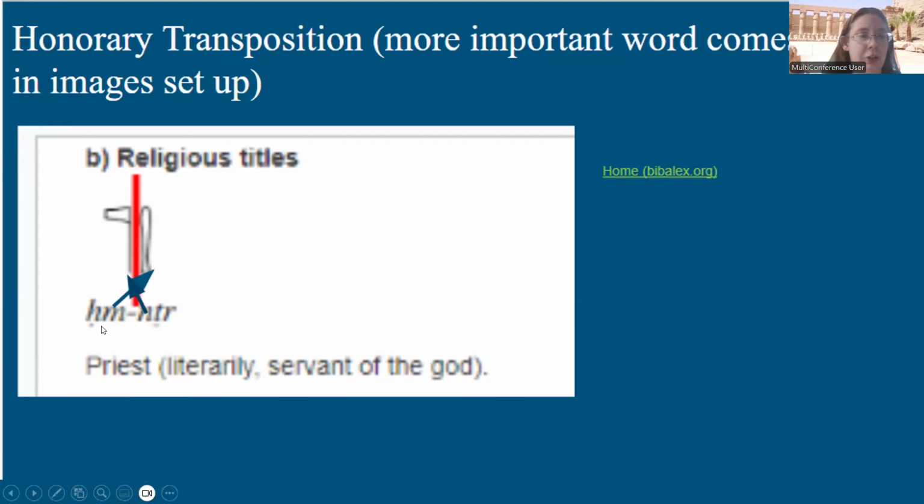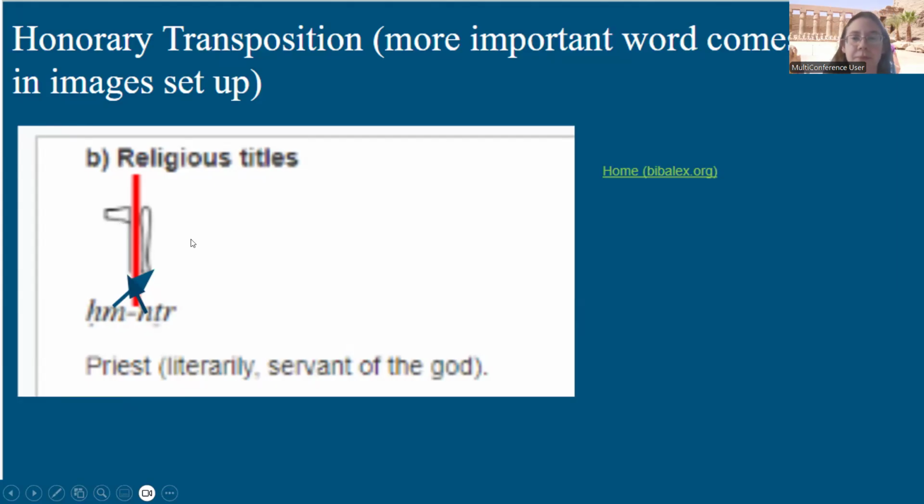So when you translate it, it's hem netjer, literally servant of the god, i.e. priest, with hem, servant, and 'of' implied, and then netjer, god. But when you look at the pictures, it's flipped. So hem, because it's servant, the less important word, is placed second, and the netjer, or word for god, is placed first.